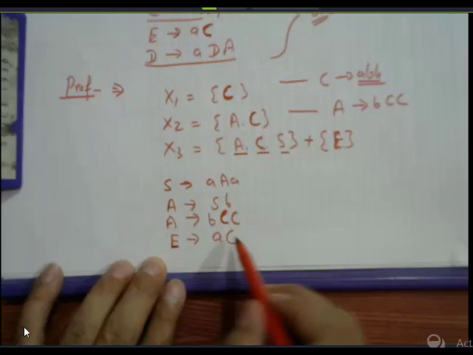C tends to ABB. Again we have missed this production rule. Then there is a correct formation of the results, and I can apply the second method.